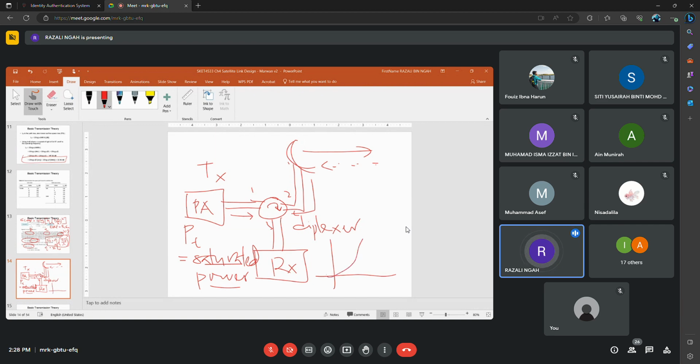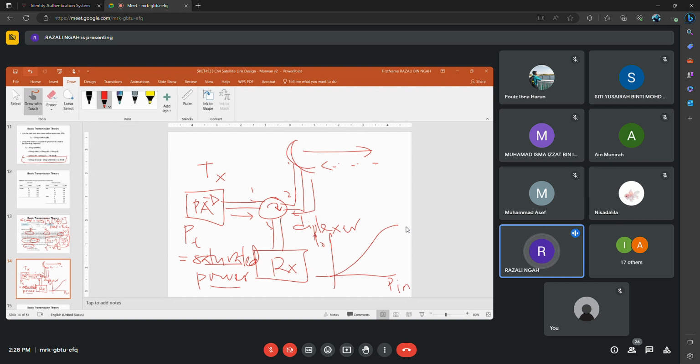This is a typical curve for P in over P out, referring to the power amplifier.